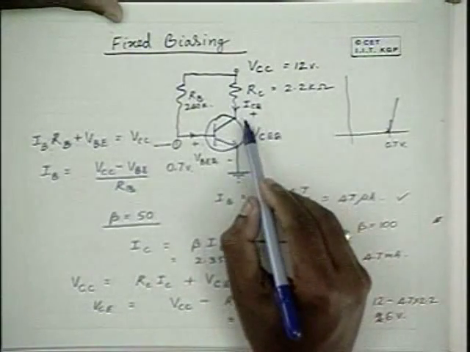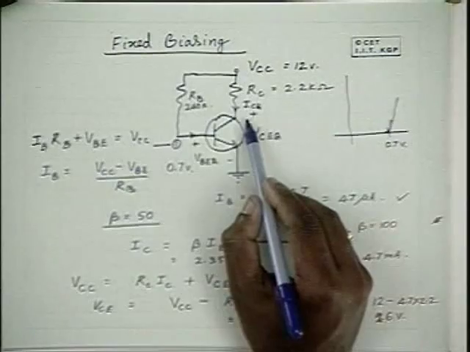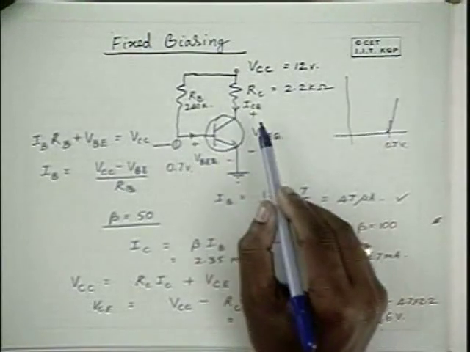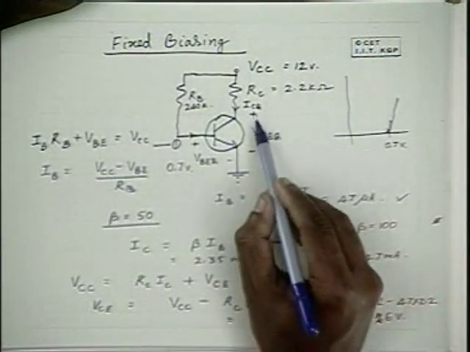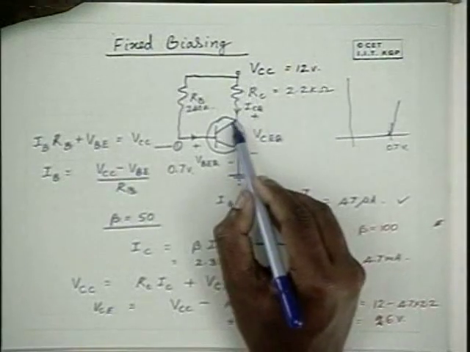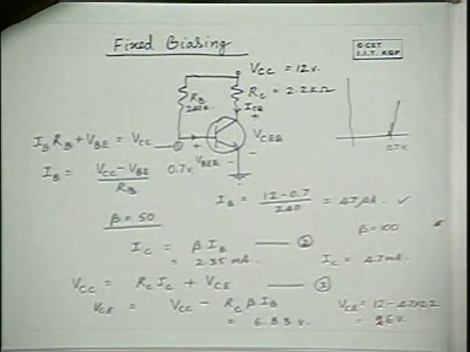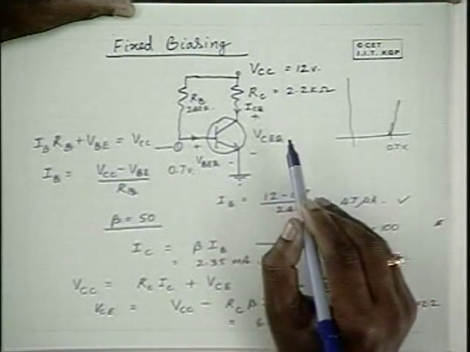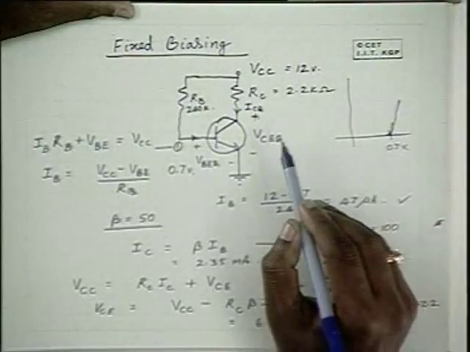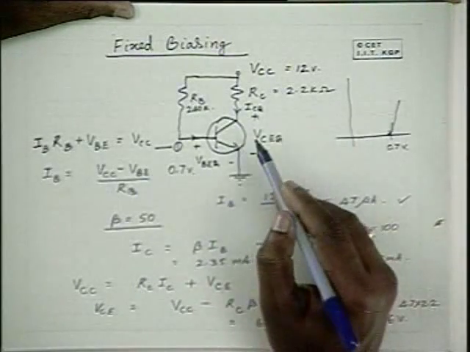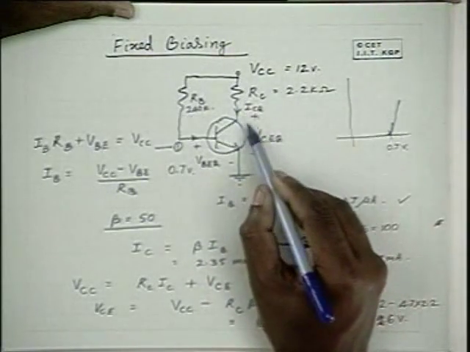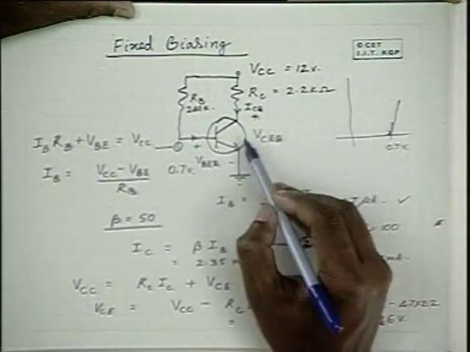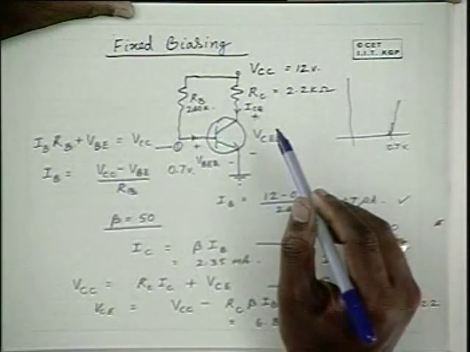And when IC increases with increased temperature, the power dissipation in the transistor, that is VCE into IC, increases. And that will further give rise to rising temperature in the transistor. And with rising temperature, IC further increases, and increased IC further increases the temperature.